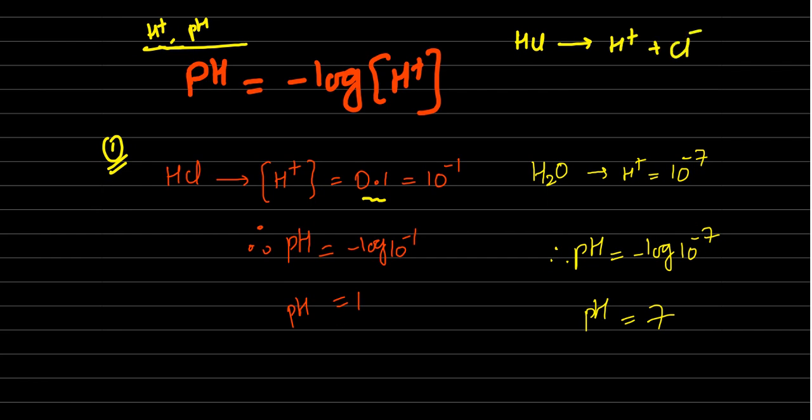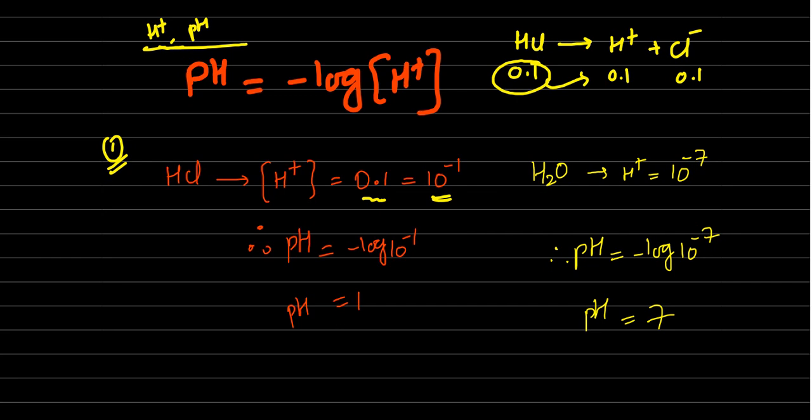It is a strong acid. Suppose I am taking 0.1 molar HCl, obviously H plus concentration is also 0.1 and Cl minus concentration is also 0.1. So it will be completely dissociated into H plus and Cl minus, right? So in HCl, H plus concentration is 0.1. That means I can write 10 power minus 1 also.